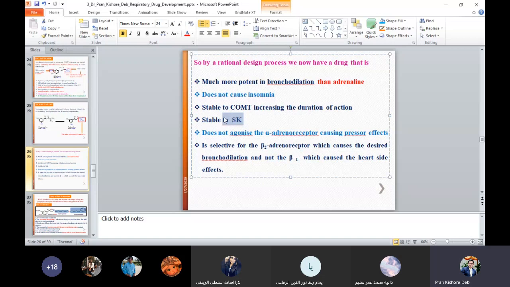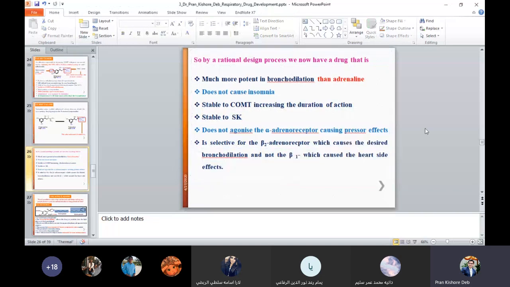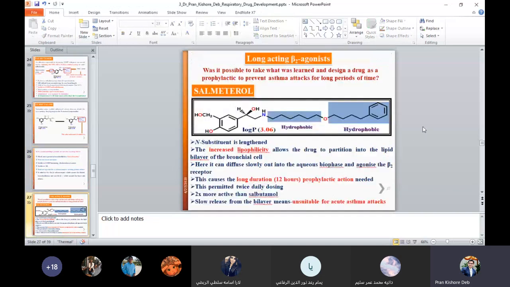That means they now don't show the pressor effect, and are more selective to the beta 2 receptor to show the desired bronchodilation, and do not bind to beta 1, which causes the cardiac side effects. Then they synthesized some longer acting beta 2 agonists.